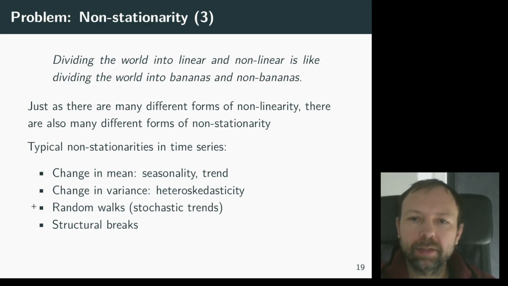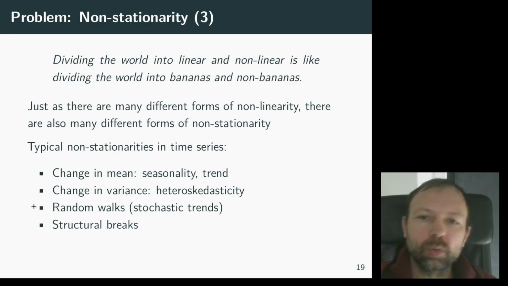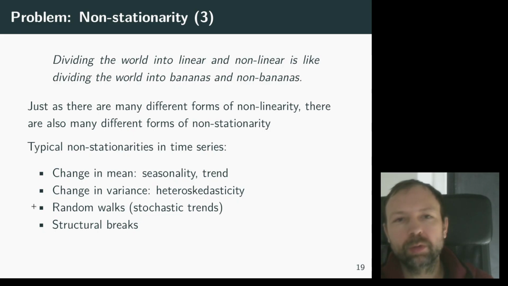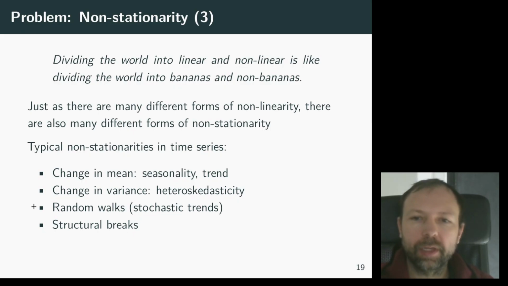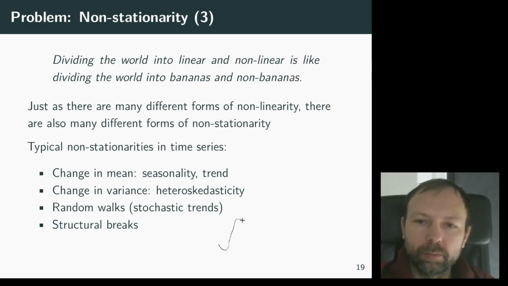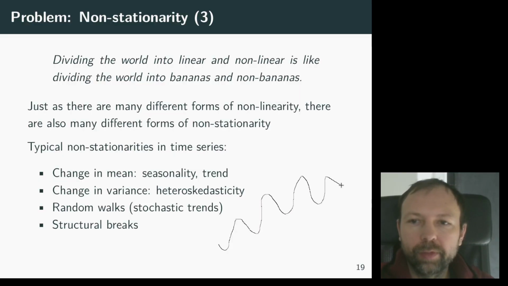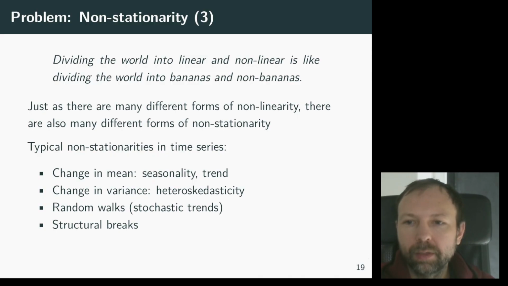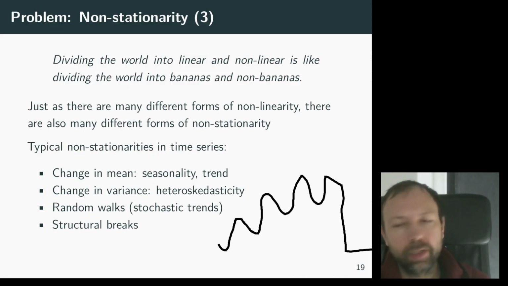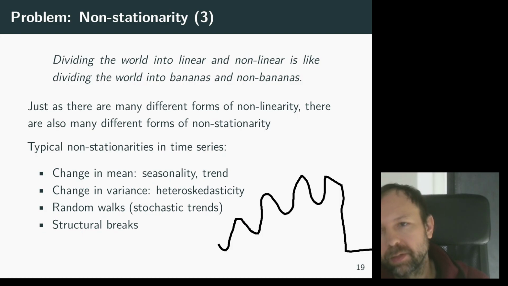I mean, if you look at tourism arrivals to Australia during COVID. Okay, well, so more tourists in summer than in winter, every year a bit more, something like that. Then COVID, oh, let's shut down the country, constant 0, right? That's a non-stationarity.